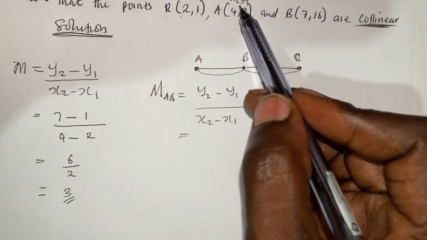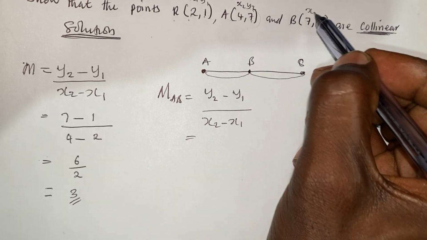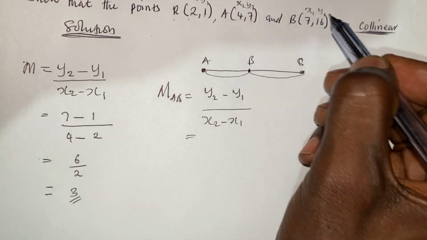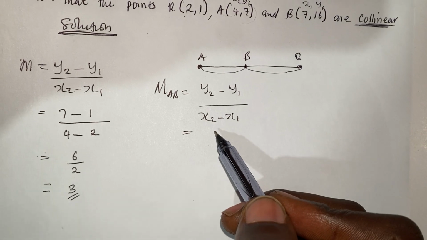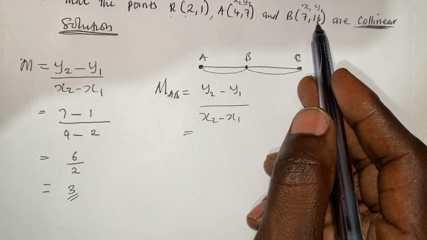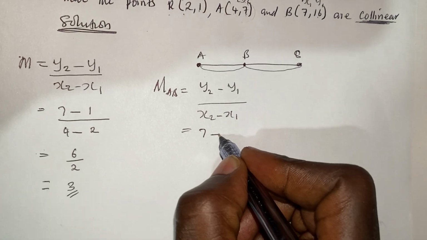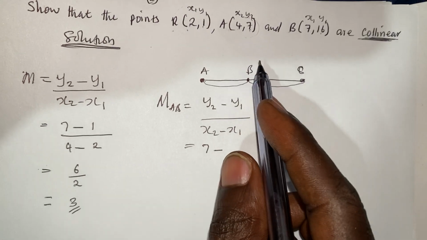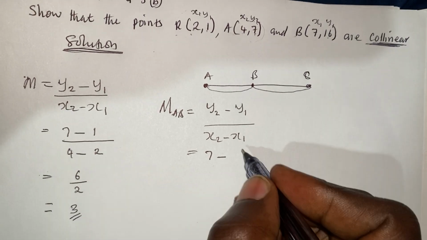So now, let's say this is x2, y2, and this one x1, y1. So we're going to substitute all these points again into this formula. So our y2 is 7. So we have 7 minus y1, there we have 16.